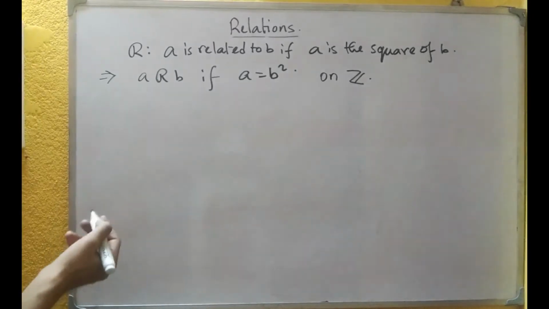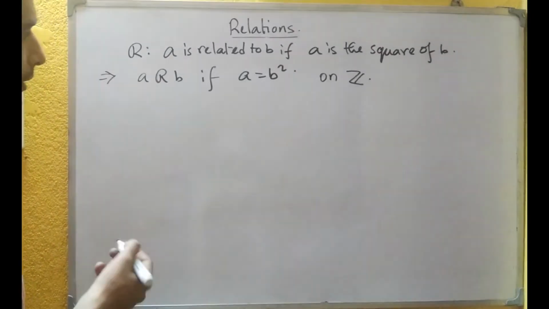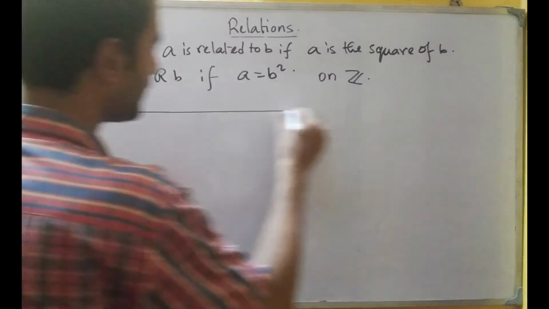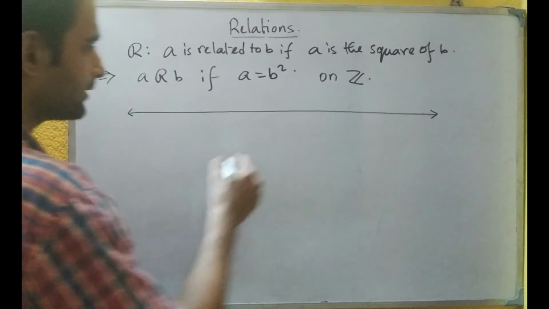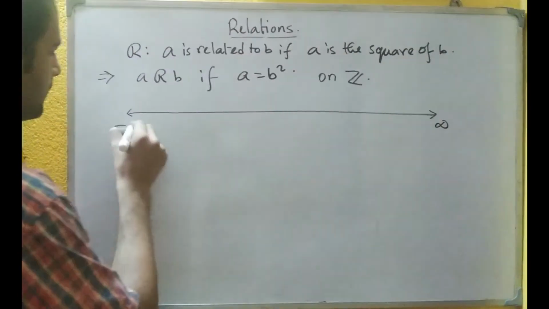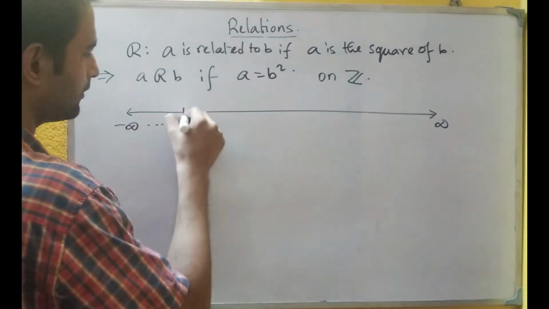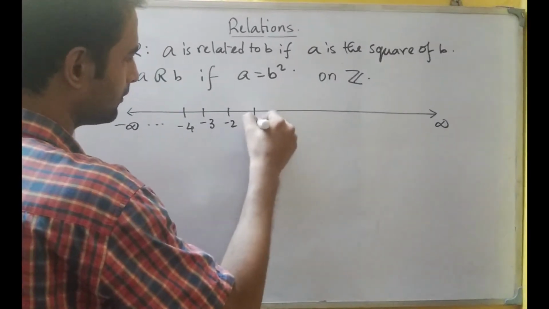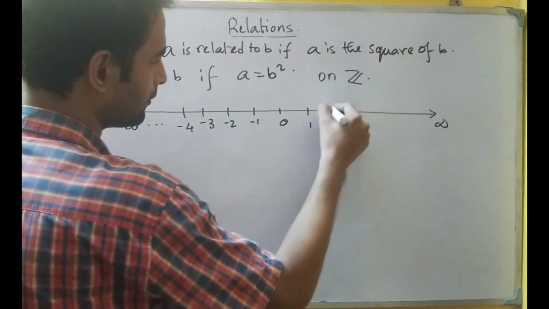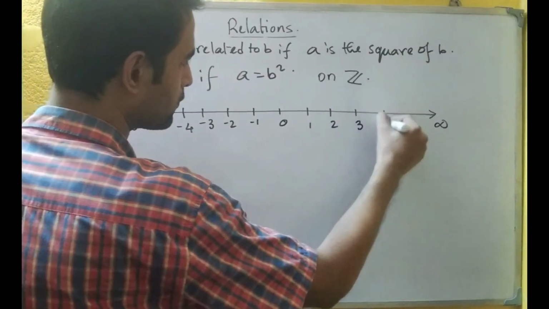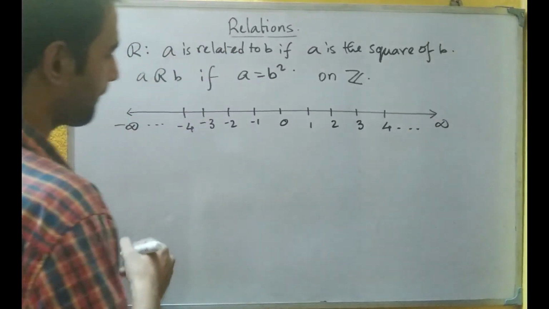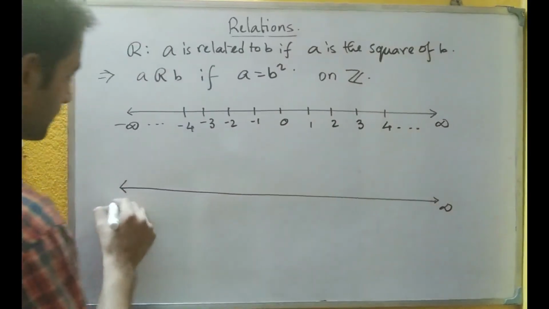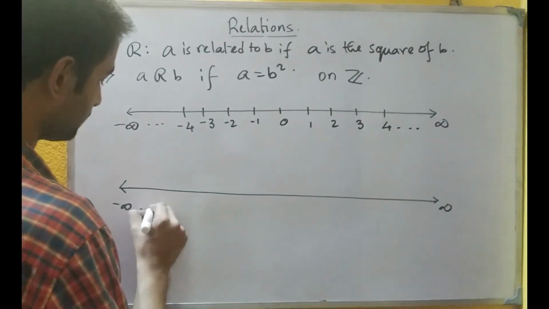So let us see which element is related to which. So suppose we are taking the set Z as a number line like this. And again here, so that we can link the elements with arrows.